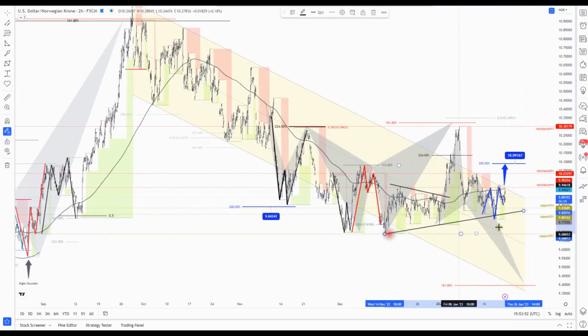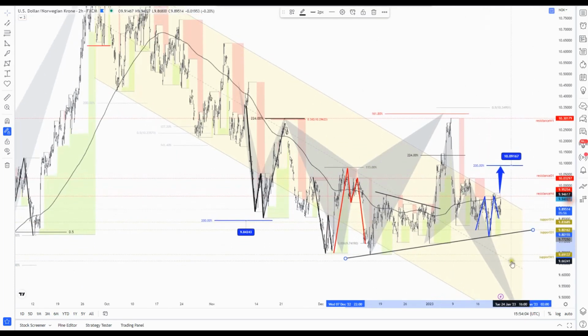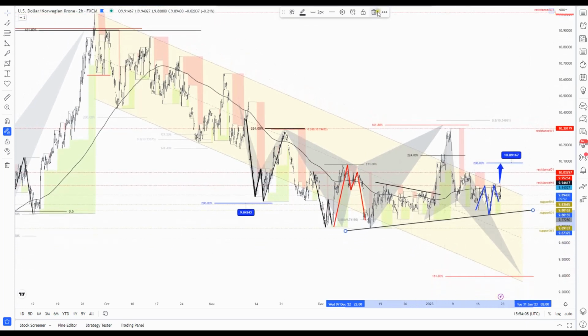So now I need to adjust this trend line. Let's consider these potential trend line supports. So this support right there, the daily fractal, and of course just to complete the sequence, once we start to think about the possibility of a breakout below, we start to project patterns at the bottom.